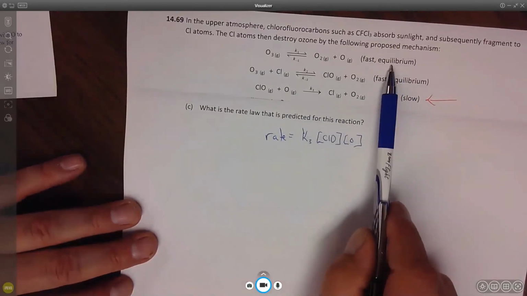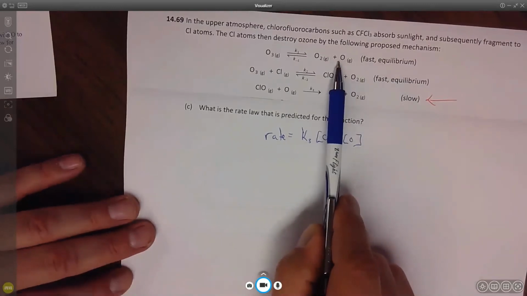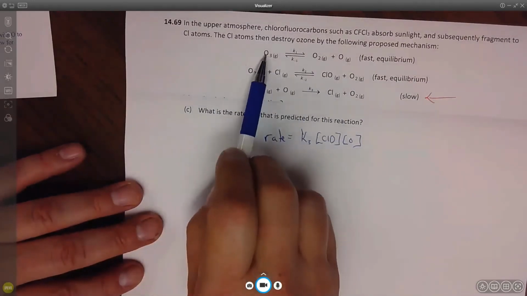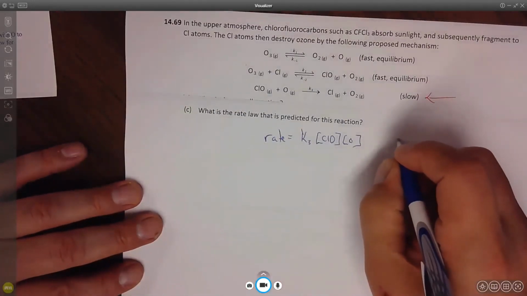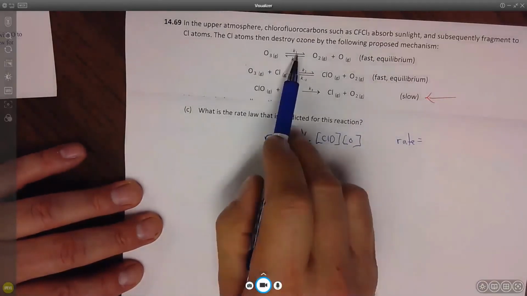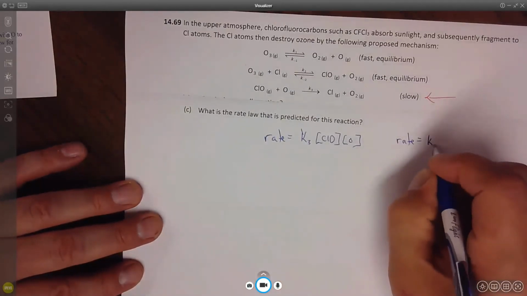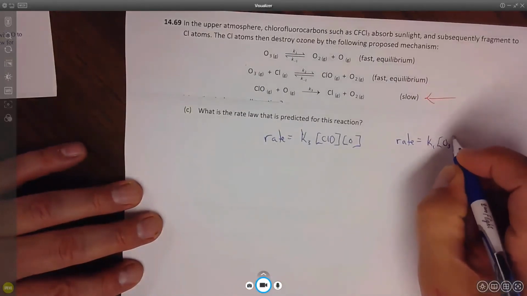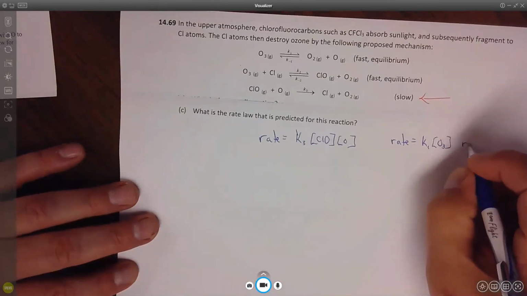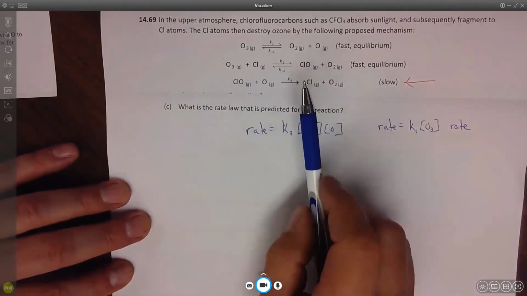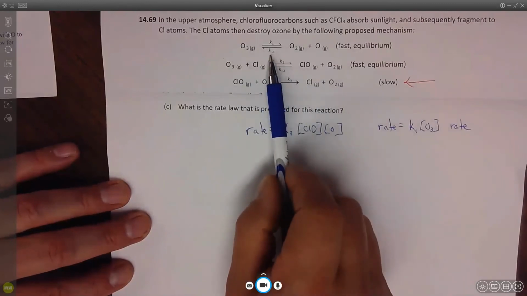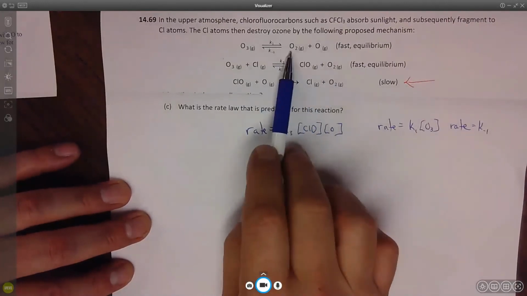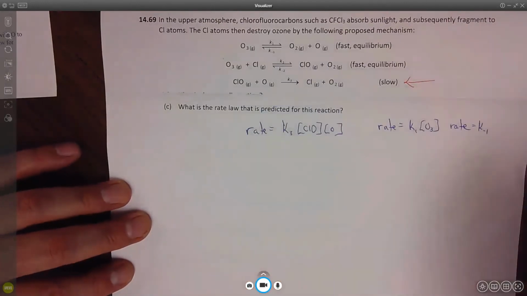So we're going to have to use an equilibrium step that contains oxygen. And again, remember, that means that we have a forward reaction. So we have the rate equals our K1 times the concentration of O3 to the first. And then for our reverse reaction, we have rate equals, now we're going this way, so it's K minus 1 times the concentration of our reactants, so O2 to the first and O to the first.